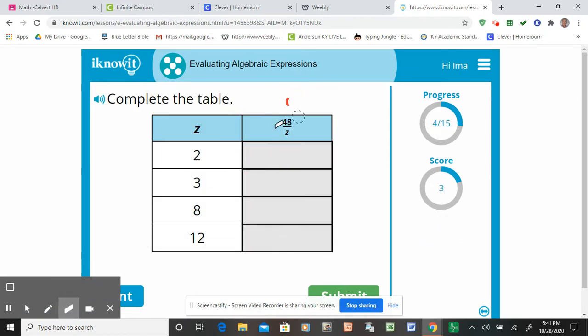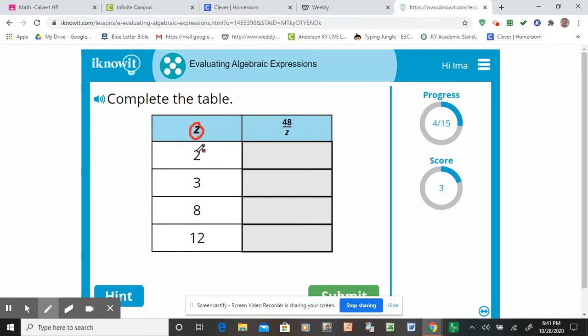Now, I'll erase some of this. And this is interesting. Complete the table. Now, watch this carefully. This is 48 divided by z. And you're probably going, divided by z, what is that? Well, let's find out what z is. Here it is. Here's a list of coordinates for z.